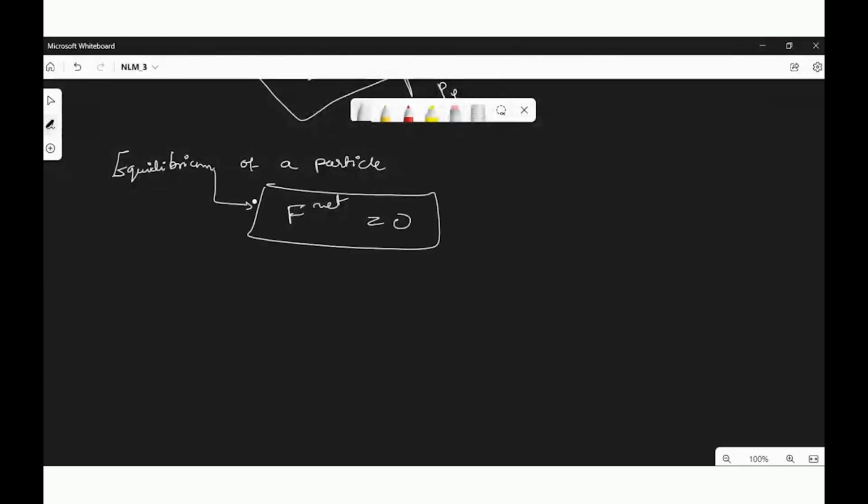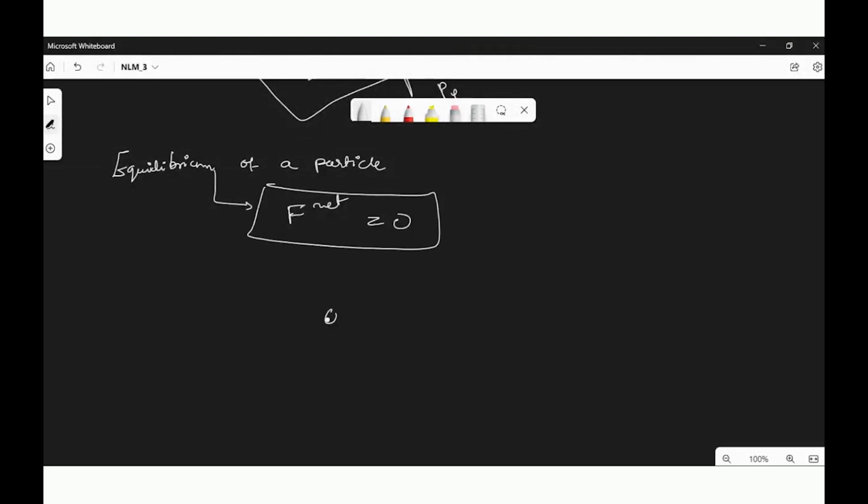What do you mean by equilibrium of force or equilibrium of a particle? The net external force becomes 0. Equilibrium of a particle is so simple: net force must be 0.